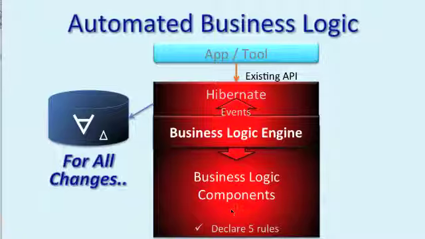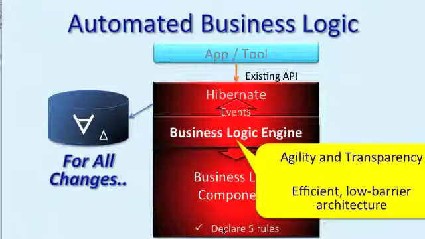Now suddenly, since those rules are stated not unlike spreadsheet rules for all changes, we can automate your insert, update, delete logic, all the use cases and so forth, providing you a very serious improvement in agility and transparency with an efficient, low-barrier architecture.